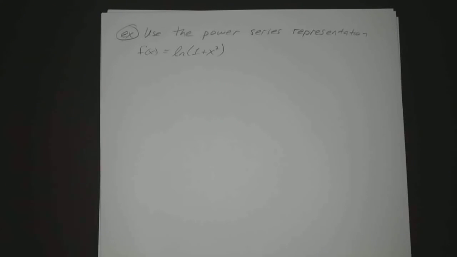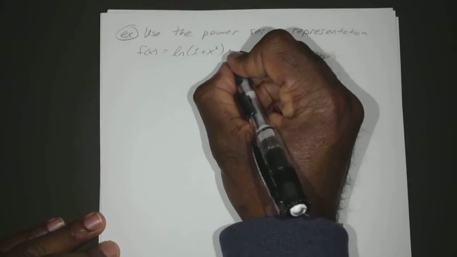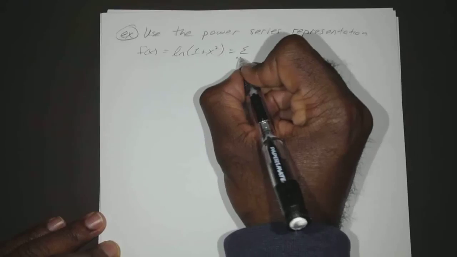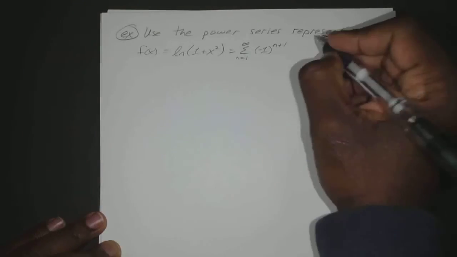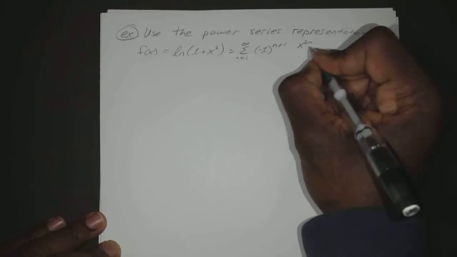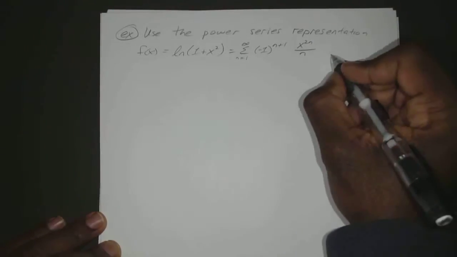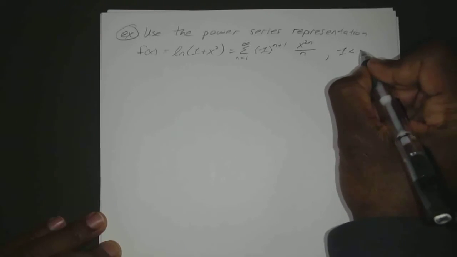I have no idea why they do that on the example problems. They'll put the constant first and then the x term. But I try to write it the way it appears in the questions. So from n equals 1 to infinity of -1 to the n plus 1 of x to the power of 2n over n. And we know that's from -1 to 1.